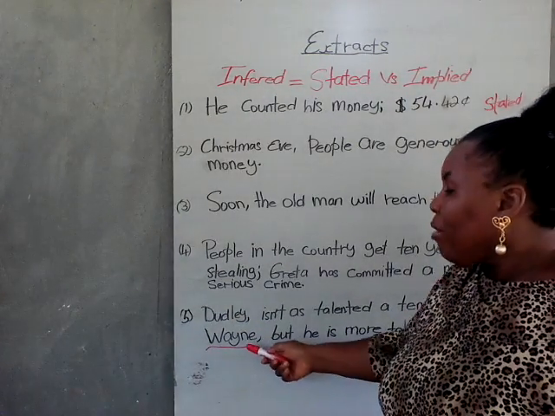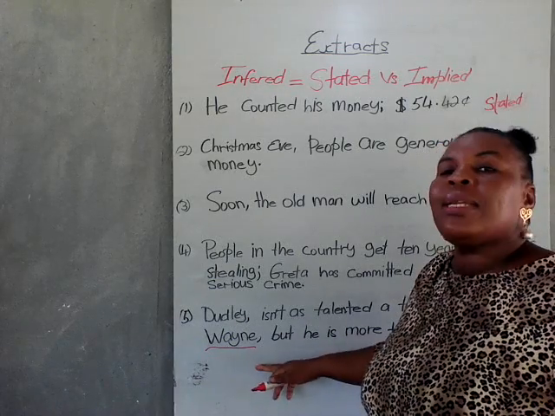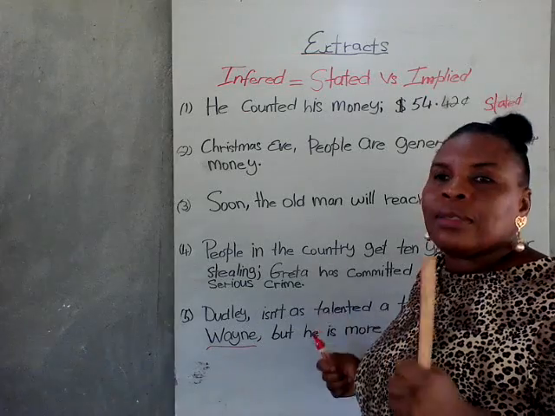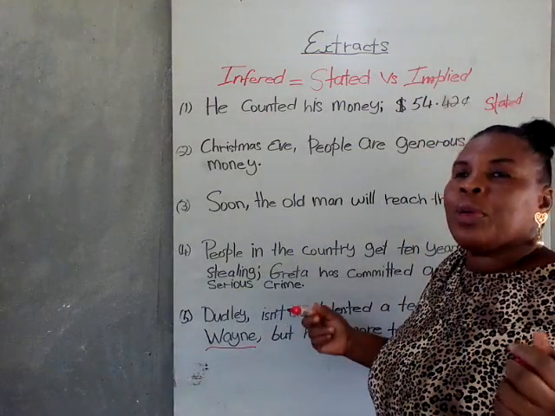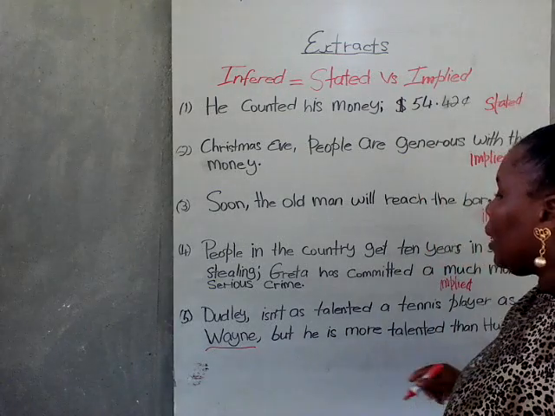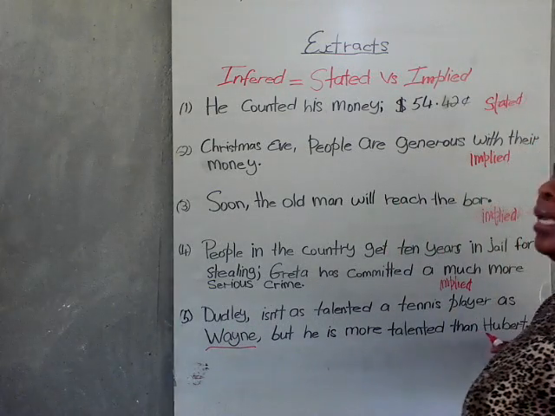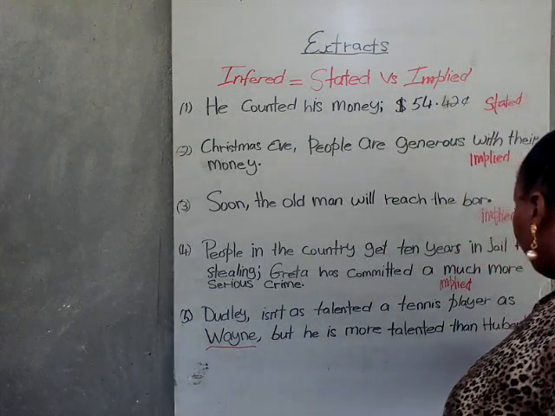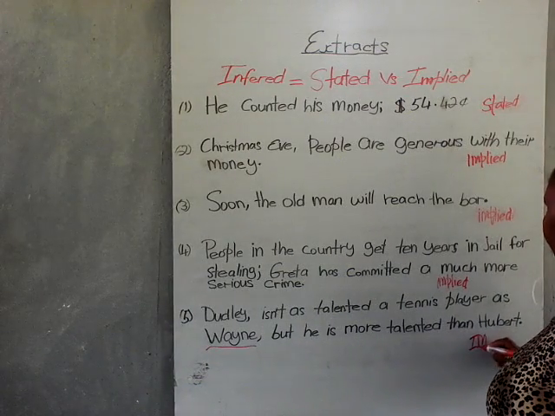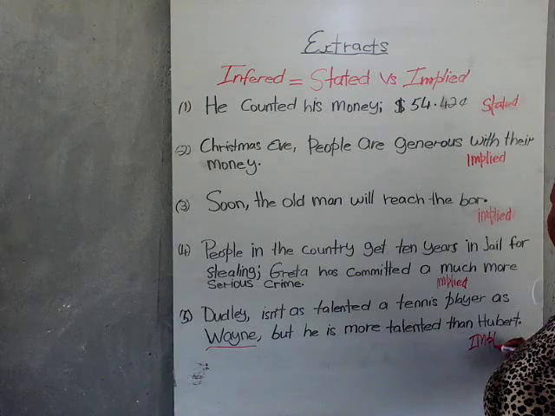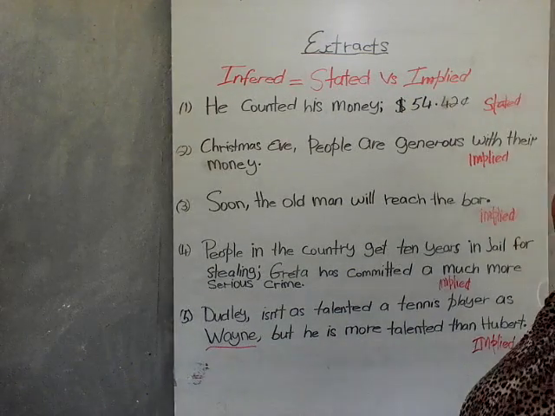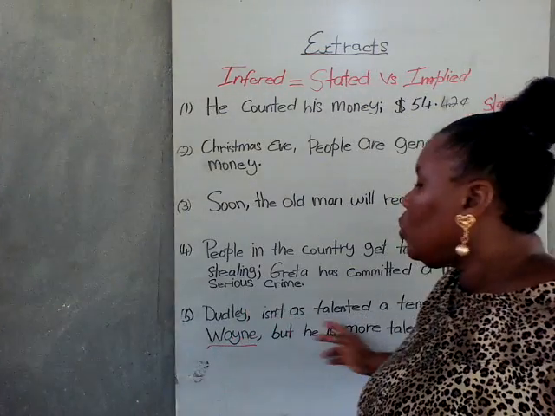So we can imply from this sentence that Wayne is a star in tennis. He's a superstar, as good as, like, what's her name, Serena. So he's very good at playing tennis. He can play better than Dudley and he can play better than Hubert. So we can imply that Wayne is a better player than both of these two guys.